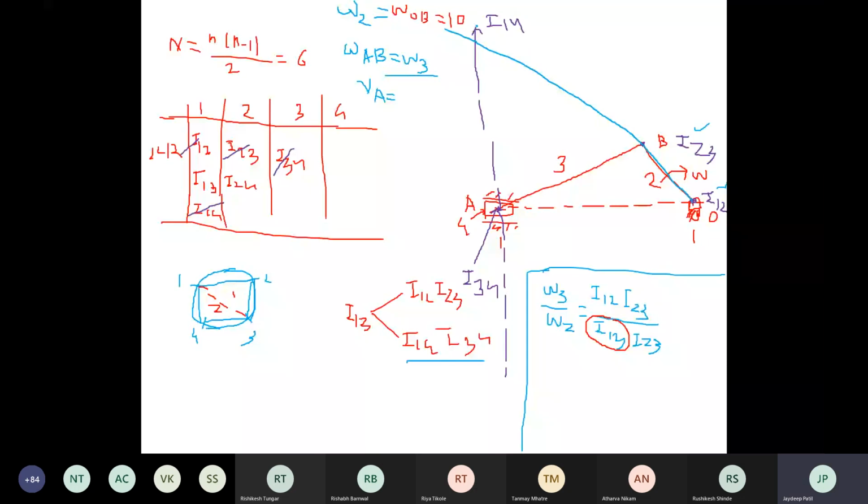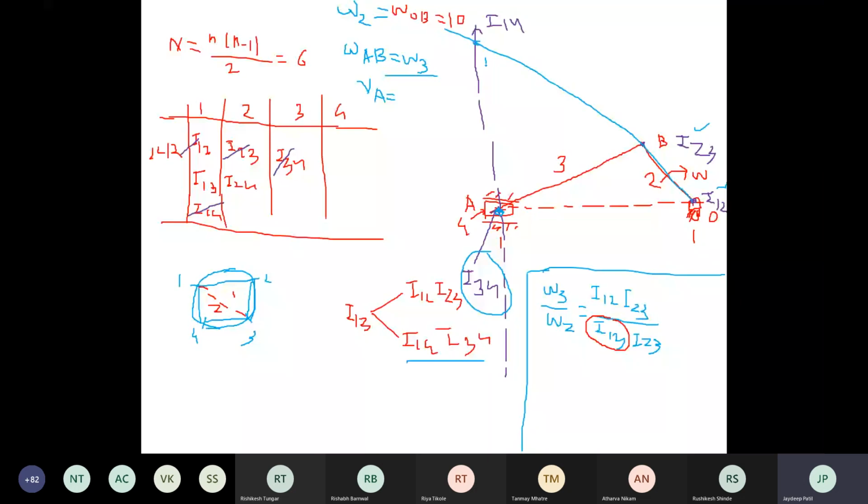Here is I34, at point A, on the slider. Now the line of I14 and I34, where it intersects the previous line, you will get which ICR? This one, I13.